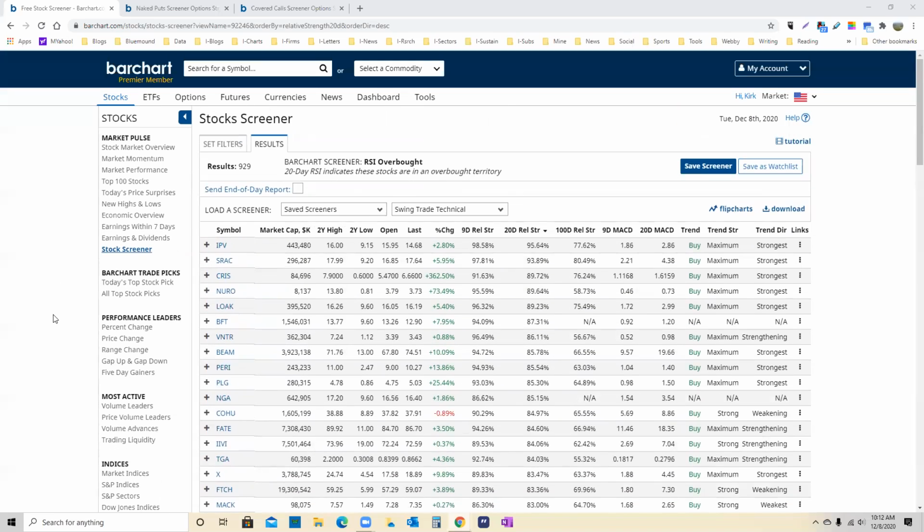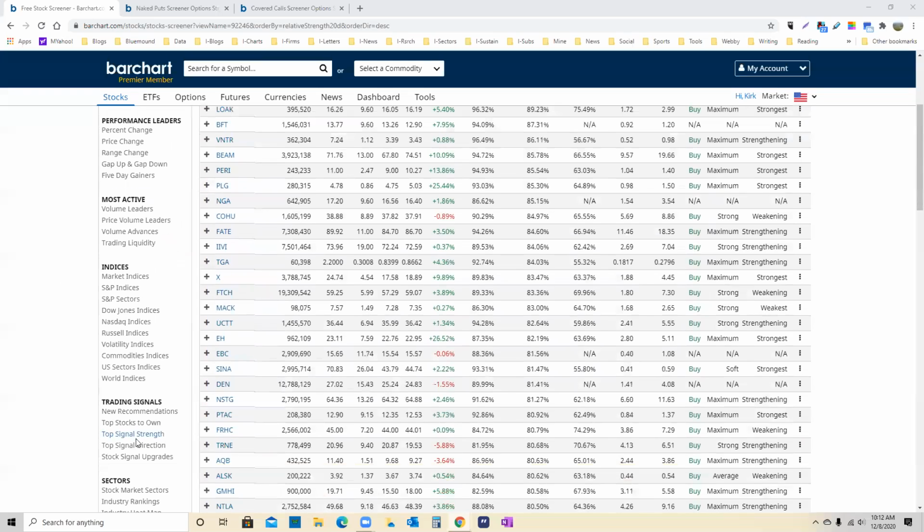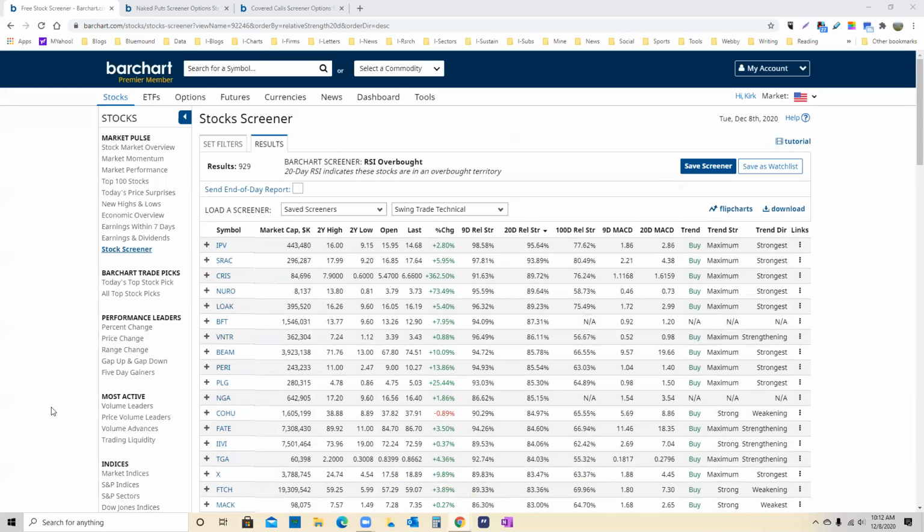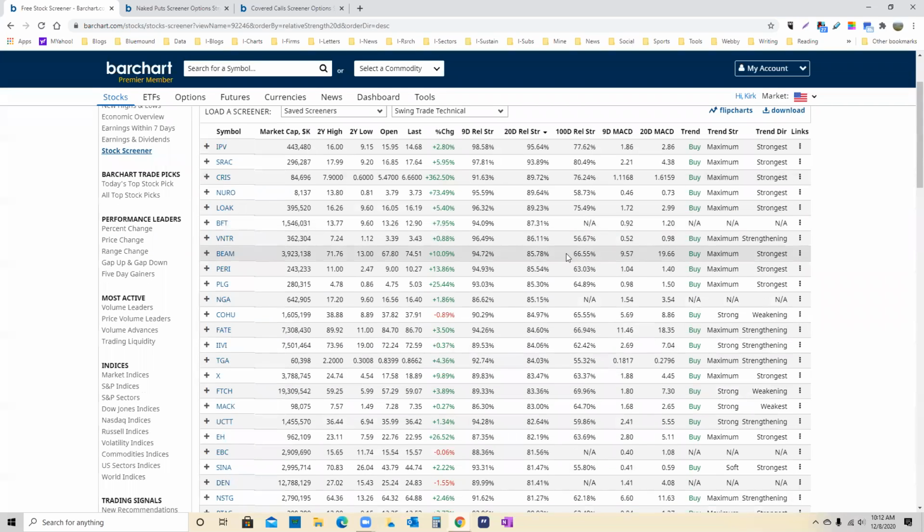So over here at Bar Chart, they have a lot of option screening tools. And so this tool, I just screened for relative strength index overbought, and I changed it to anything over 60 on the relative strength index. And it's kind of interesting to give you both the 20-day and the 100-day.